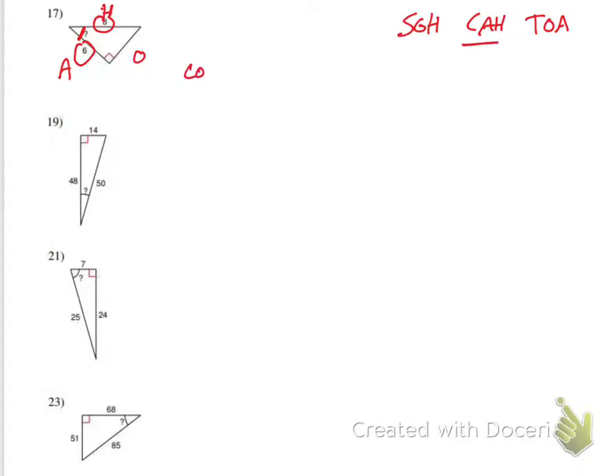So cosine x is going to be equal to, and cosine is adjacent over hypotenuse, so that would be 6 over 8. I want to do the inverse of cosine to both sides to get x by itself.